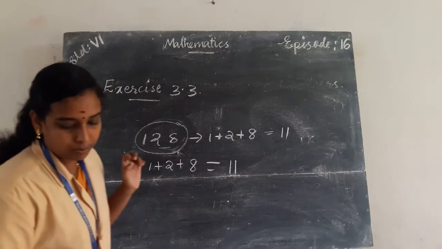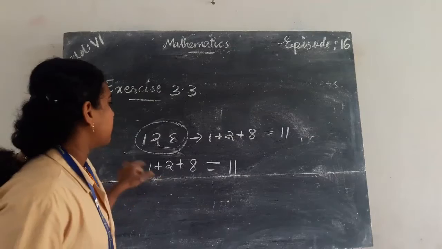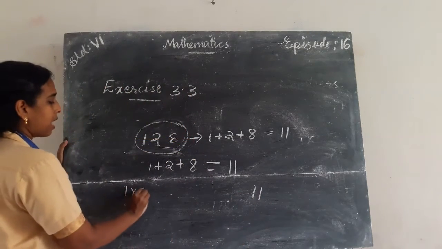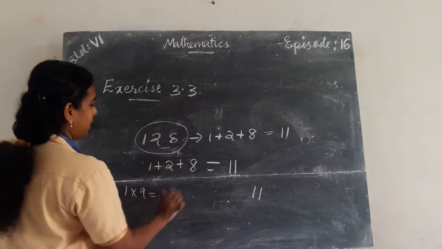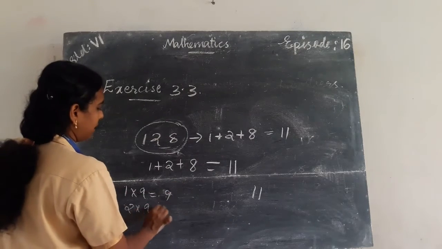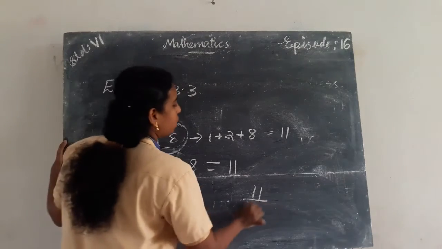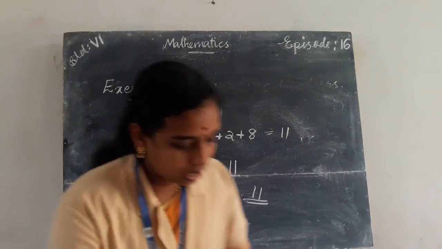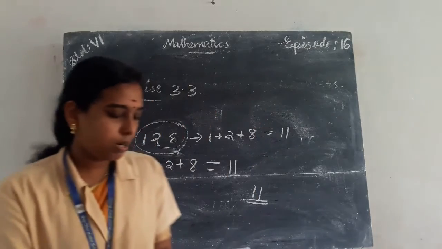Is 11 divisible by 9 or not? 1 9 is 9, then 2 9s are 18. So 11 is not divisible by 9. So we can say that 128 is not divisible by 9.